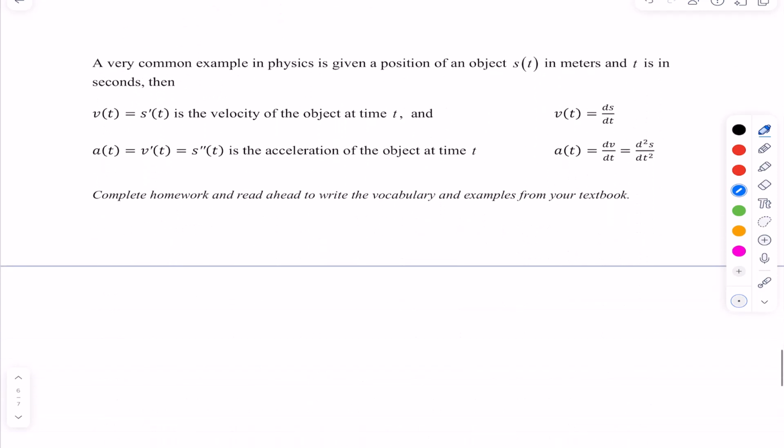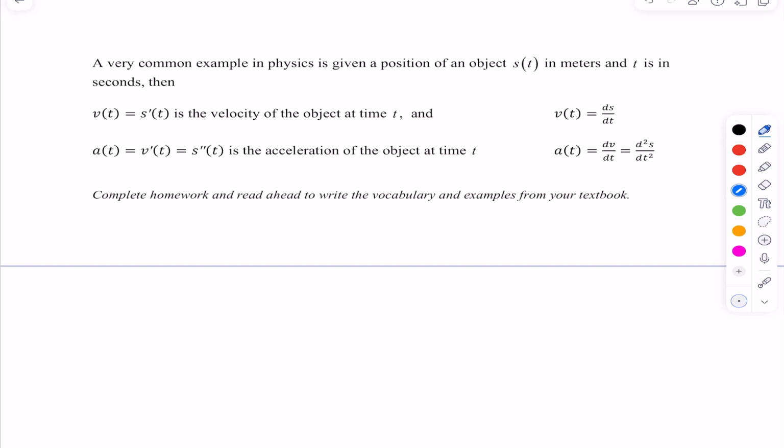So any disconnected function would be not differentiable at that disconnection. And a very common example in physics, why are we studying derivative functions? Well, if you ever have this curiosity towards displacement and velocity, and the derivative of velocity is really the acceleration of an object.